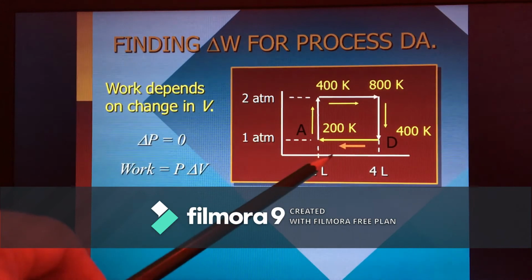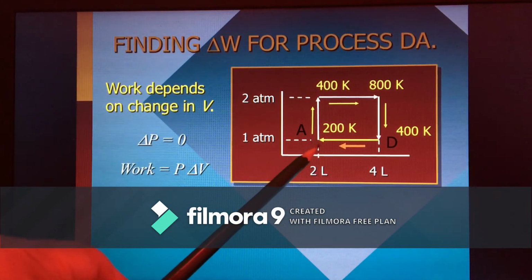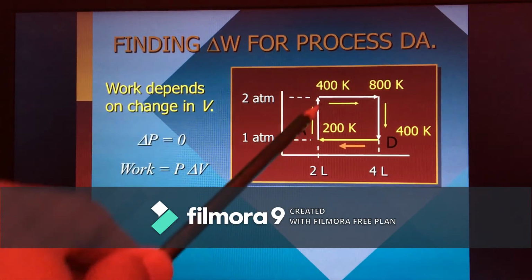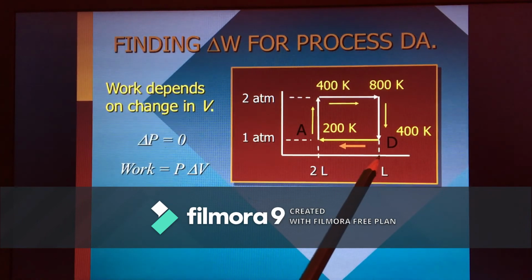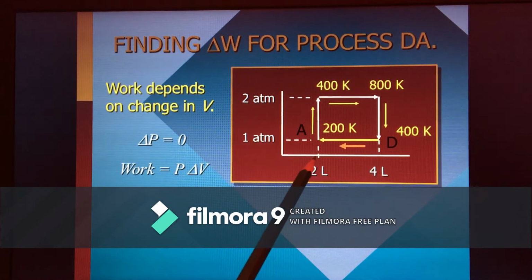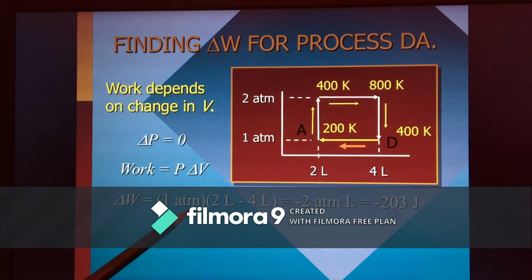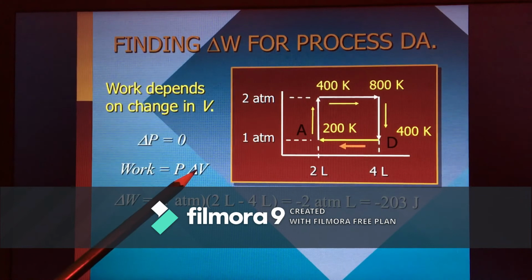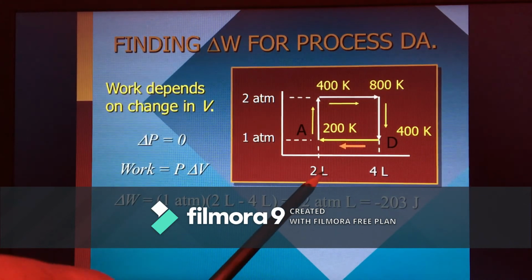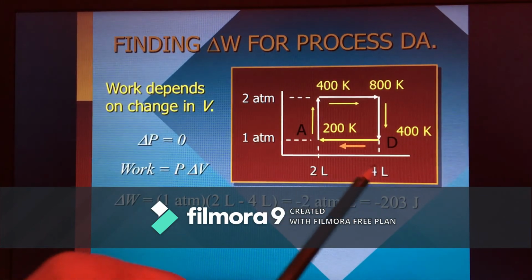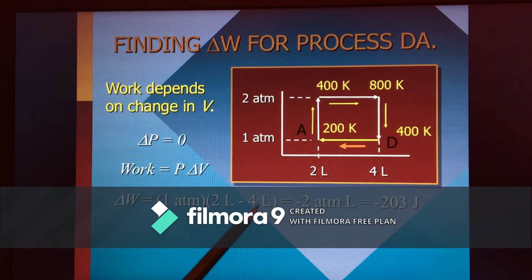At this point the pressure is 1 atmosphere, and the difference between 4 liters and 2 liters is 2. Substituting, we get 1 atmosphere multiplied by the final volume minus initial volume, 2 minus 4 L, which is negative.